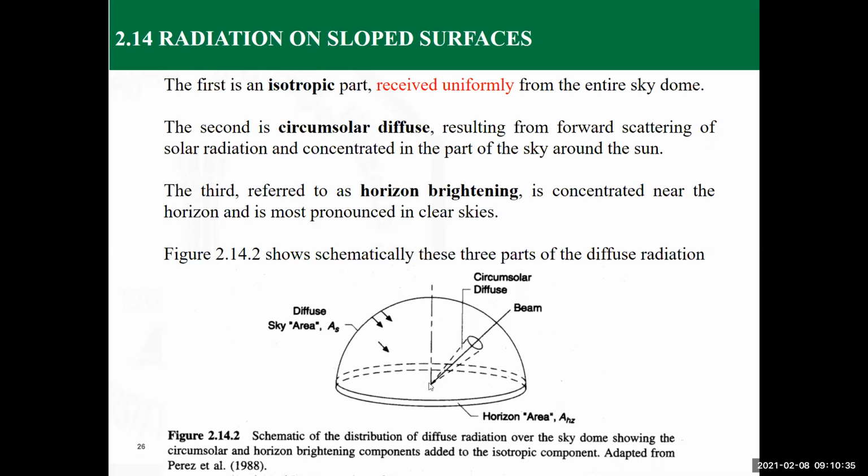That's number one. Number two is the circumsolar radiation, which is in the same direction as the beam radiation coming from the sun. The sun is not a point. Actually, it's a whole surface. And accordingly, moving from the origin and going in a conical shape, that is what defines what we call the circumsolar diffuse radiation.